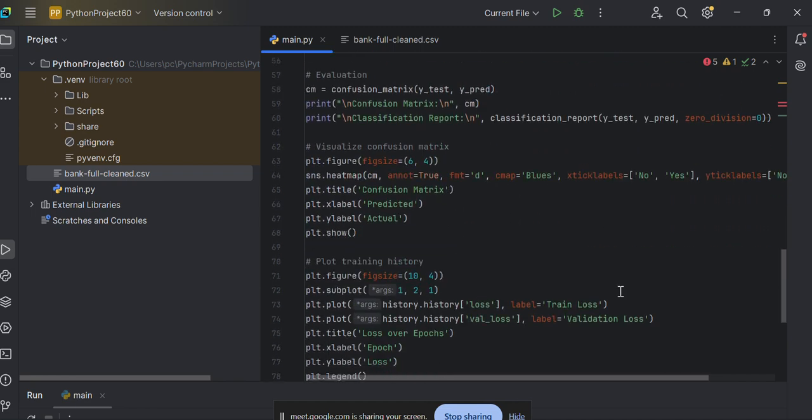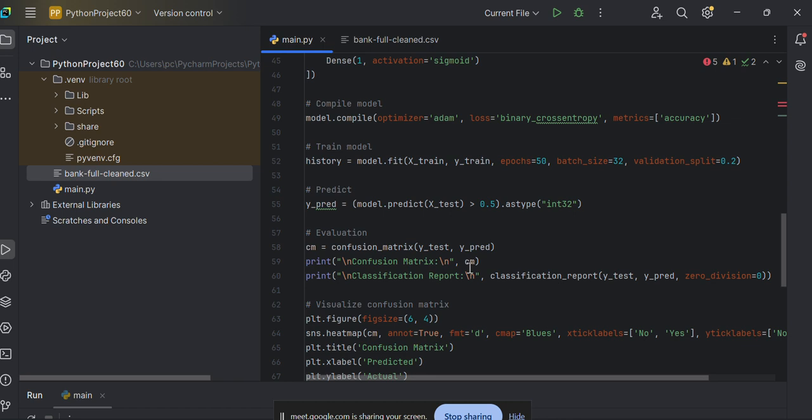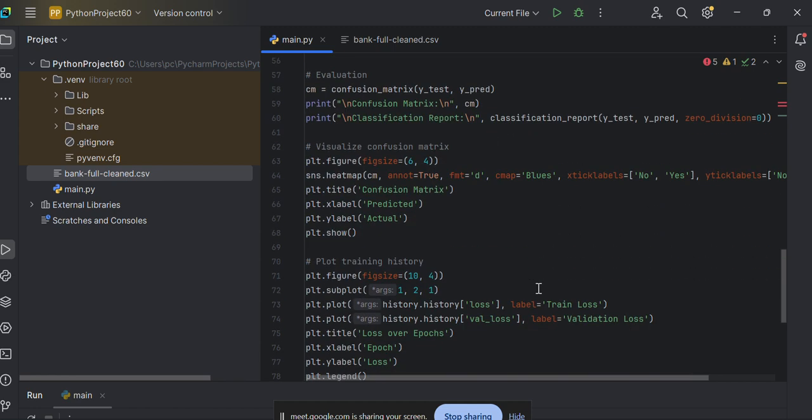After that we made the predictions and cast them to int32. Then the evaluation: the confusion matrix with true negative, false positive, false negative, and true positive. According to the confusion matrix, we took the classification report with zero_division equal to 0.